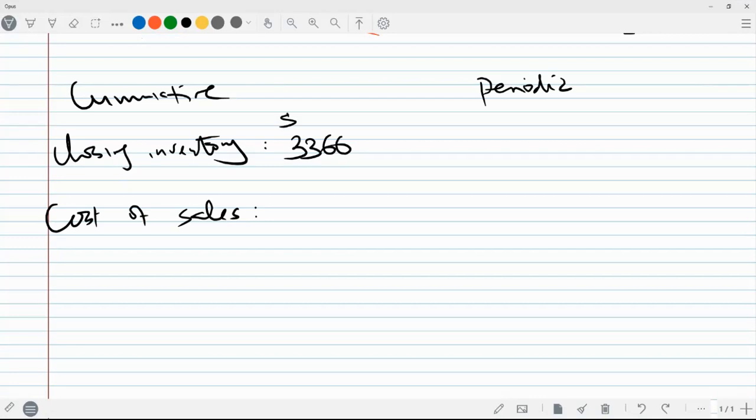This is closing inventory, and the cost of sales. Jay, cumulative method, what do you get for closing inventory? 3366. Okay, that is as per the cumulative method. Periodic method, what do you have?